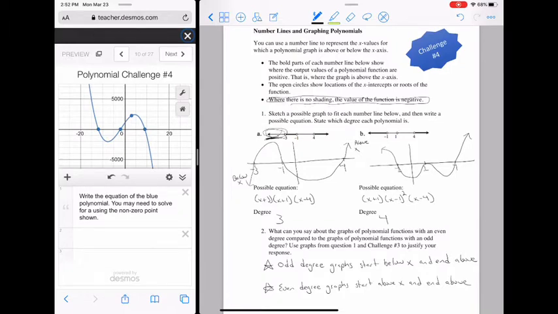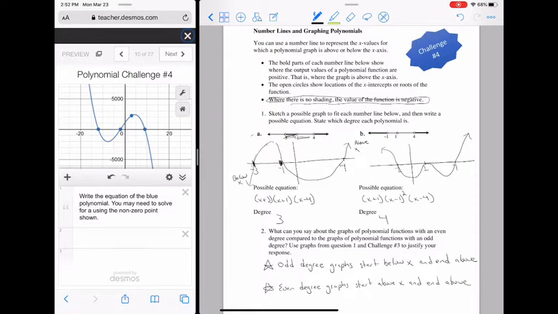No shading, meaning the value is negative from -3 on, so that's below the x-axis. Okay, so now up here, I can see between -3 and 1, it's bold. That means between -3 and -1 in my graph is above the x-axis. So I did it right there.